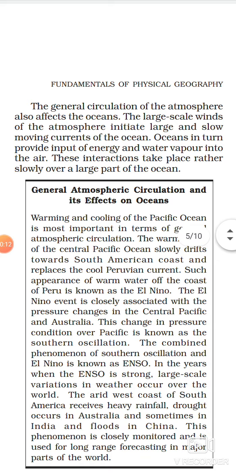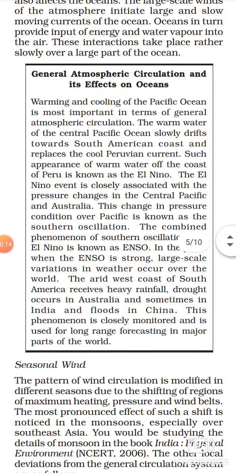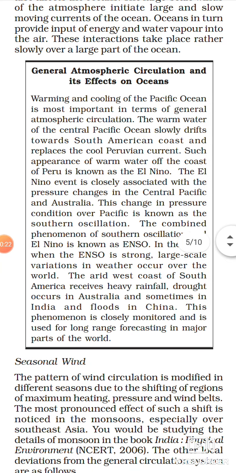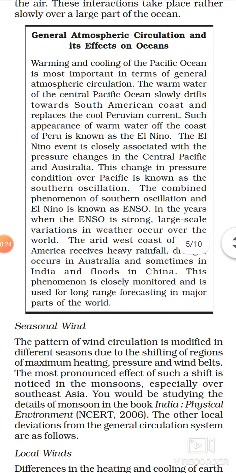And next we have the general atmospheric circulation and its effect on the ocean. Warming and cooling of the Pacific Ocean is most important in terms of general atmospheric circulation. The warm water of the Pacific Ocean slowly drifts towards the South American coast and replaces the cold Peruvian current.